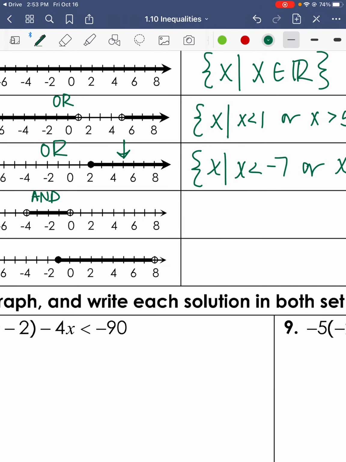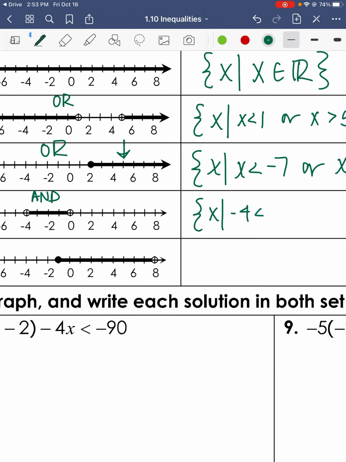So when we write this in set builder notation, we're going to open with a squiggly or curvy bracket, all values of x such that, and then here we write this as a compound inequality. All of our and compound inequalities we can write squished together into one statement instead of this one and this one.